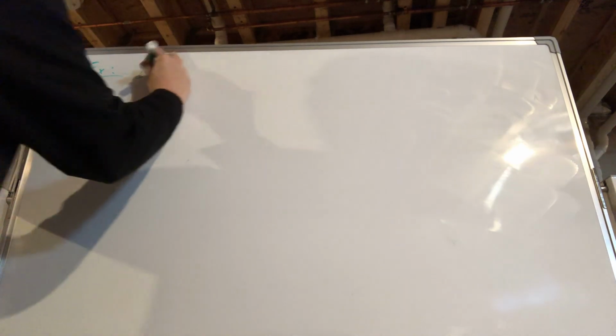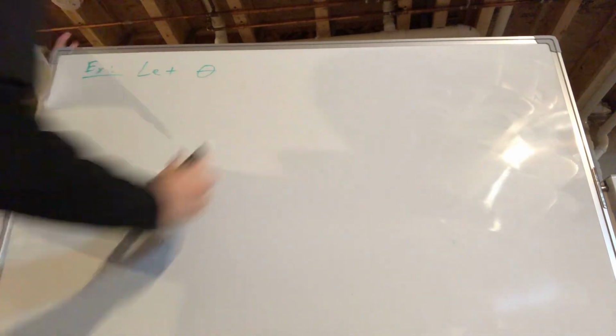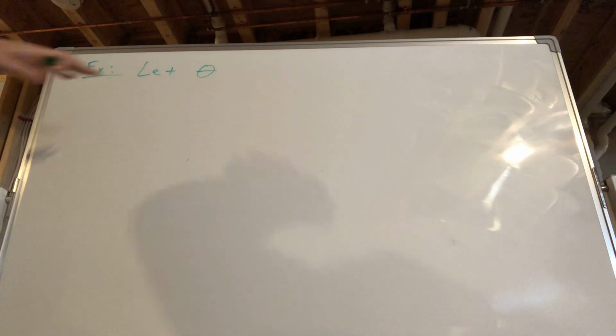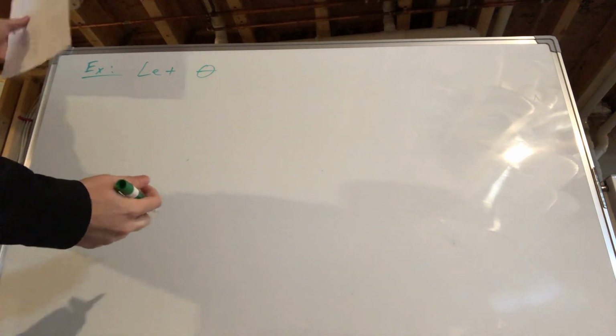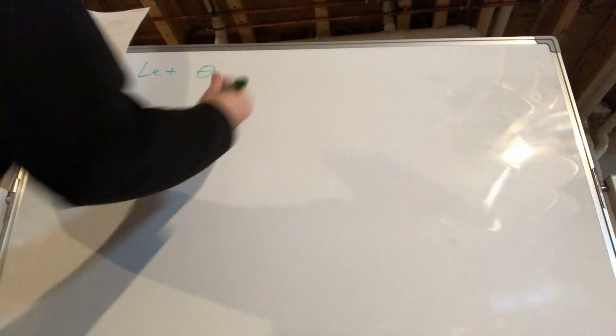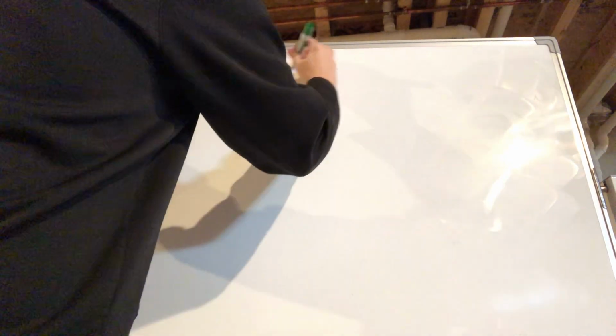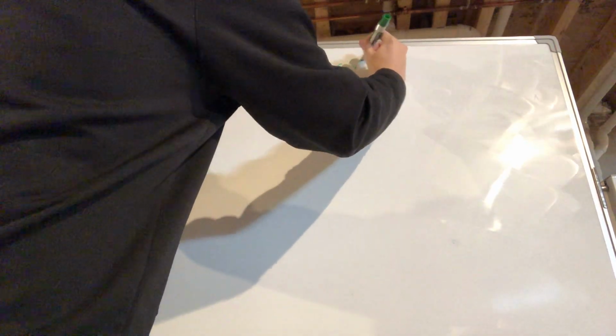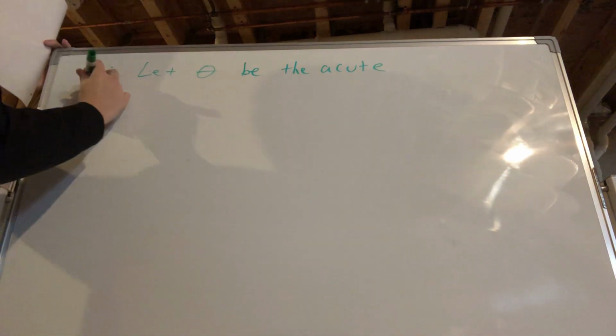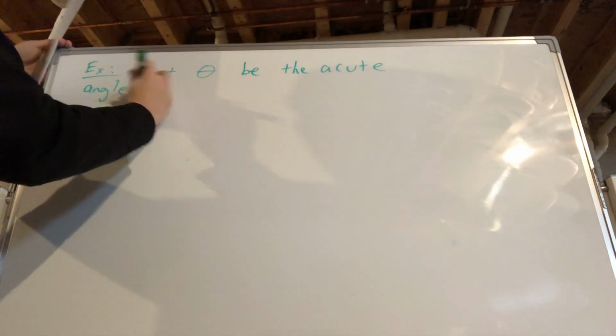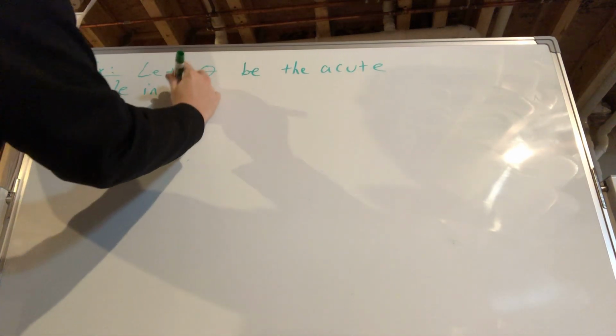Here's our example. Let theta, and by the way, a lot of times we just let theta be the variable for an angle. It's the Greek letter theta, T-H-E-T-A. All right, so let theta be the acute angle in standard position.